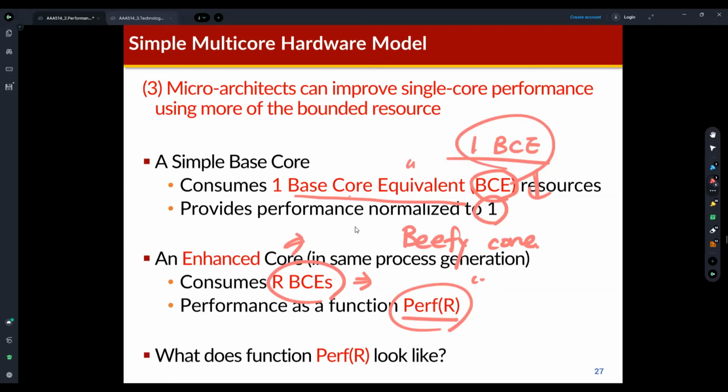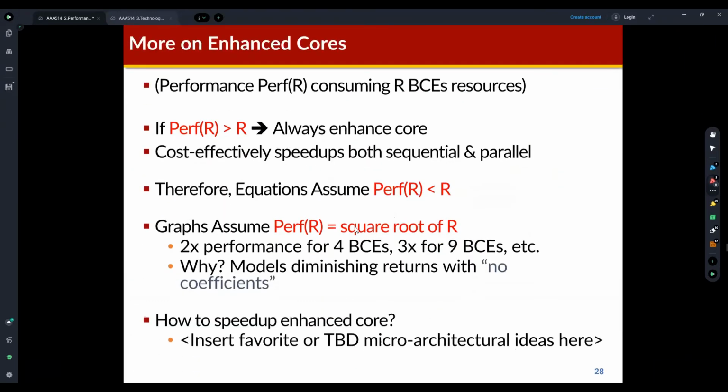This function receives R, the cost of the core, as its argument. It's defined as a curve, and R is the input of this function. So we need to consider the cost of the advanced core and the performance of this advanced core in the multi-core architecture.